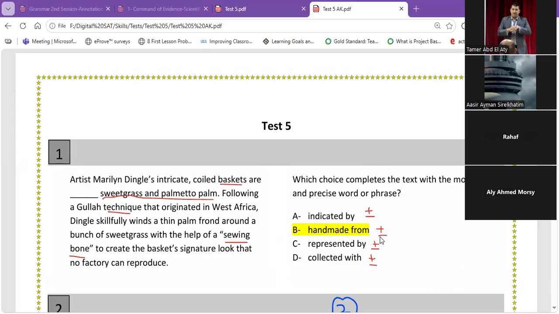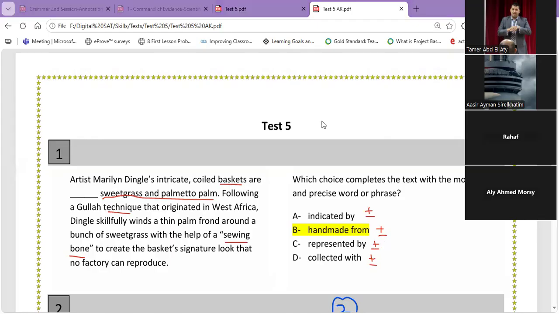What is the connotation? We know that each word has positive connotation, negative connotation, or neutral connotation, like the word ominous and the word promising. Ominous and promising, talking about the future. But ominous is negative.